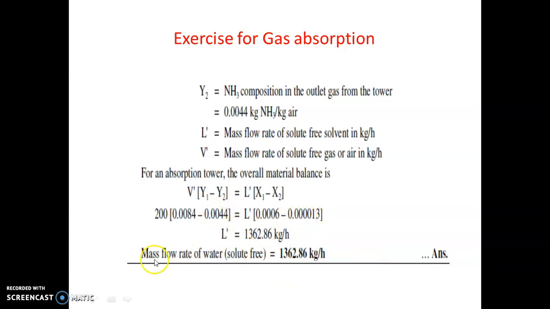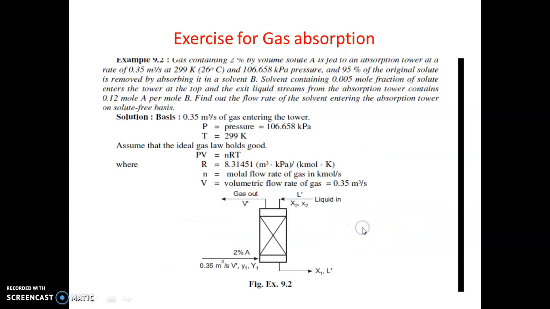Solving this equation we get the mass flow rate of water equal to 1362.86 kg per hour. So this is a straightaway problem. No other calculation is required. You have to put the values directly and get the mass flow rate of solvent.